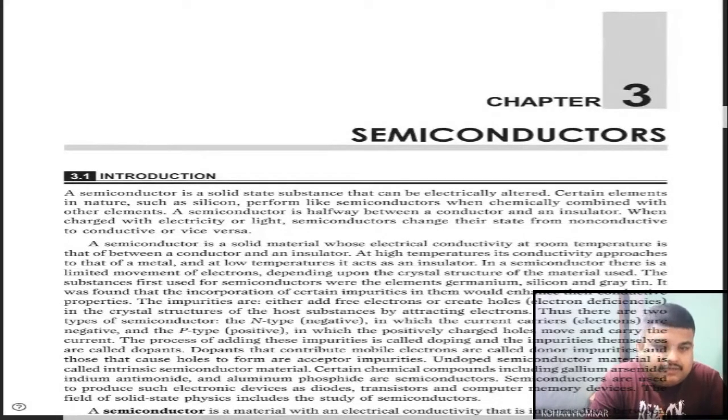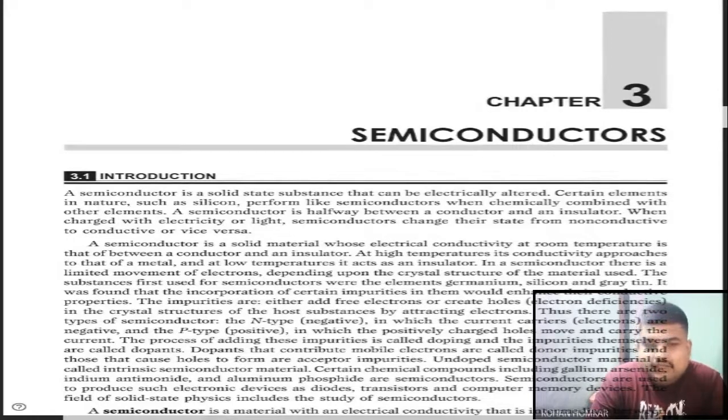For example, the elements we can get in nature are silicon and germanium, and they are combined with other elements, which we call impurities. They have the property of an insulator as well as a conductor.